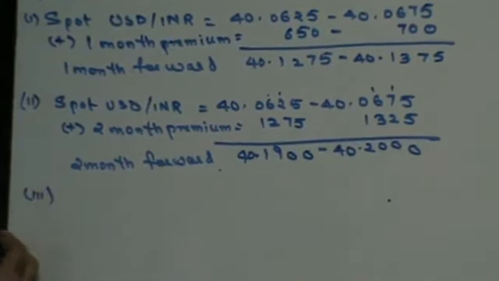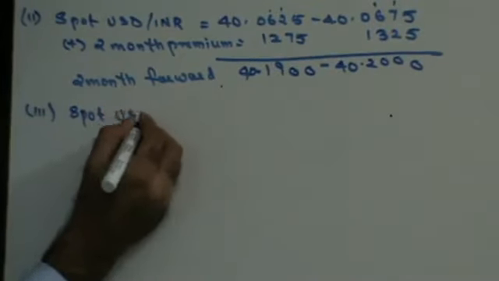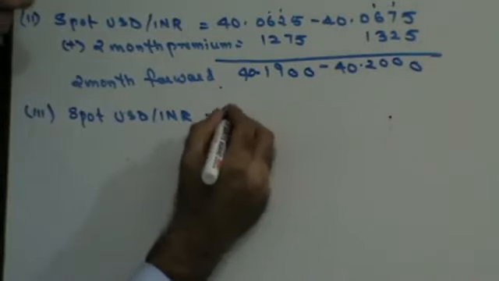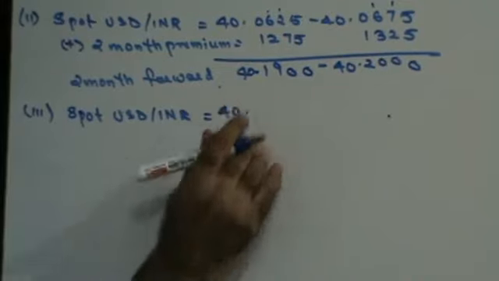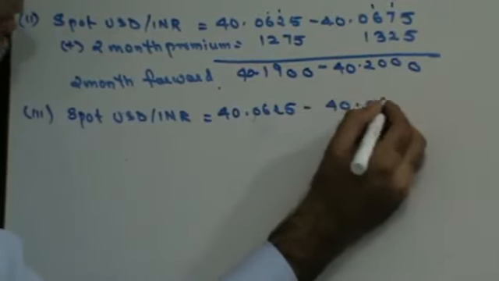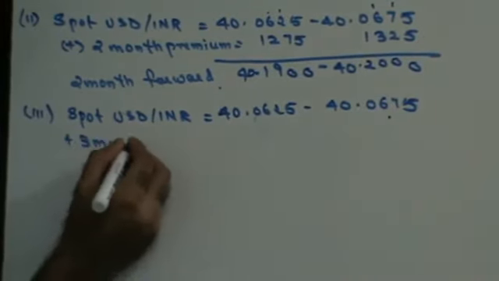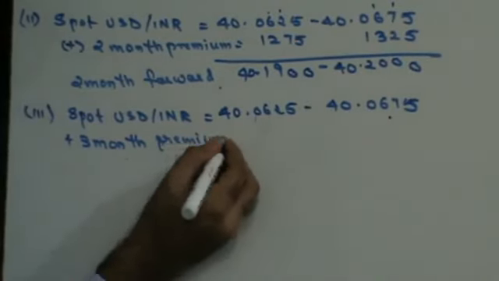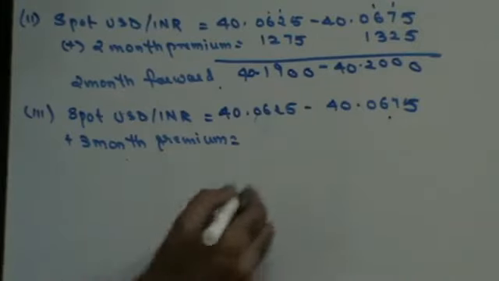Next, they've asked me to find out 3 months forward. Same method, spot USD INR is 40.0625, 40.0675 plus 3 months premium. Why do I call it premium? Because my swap points are in ascending order. If they are in ascending order, that means it is premium.